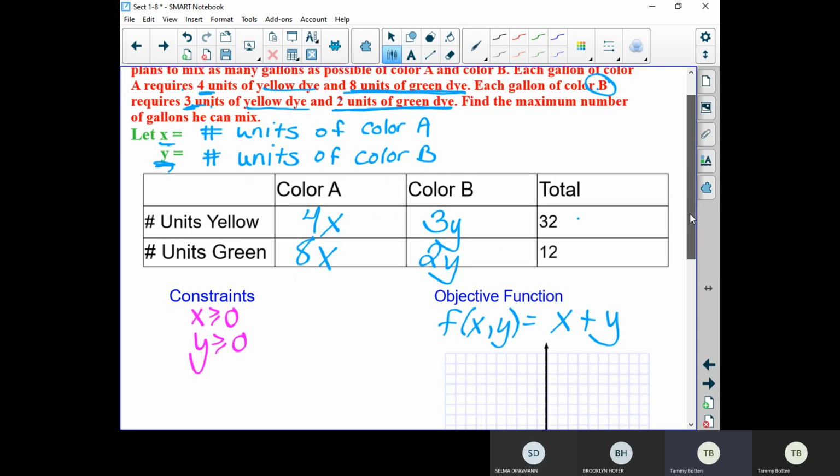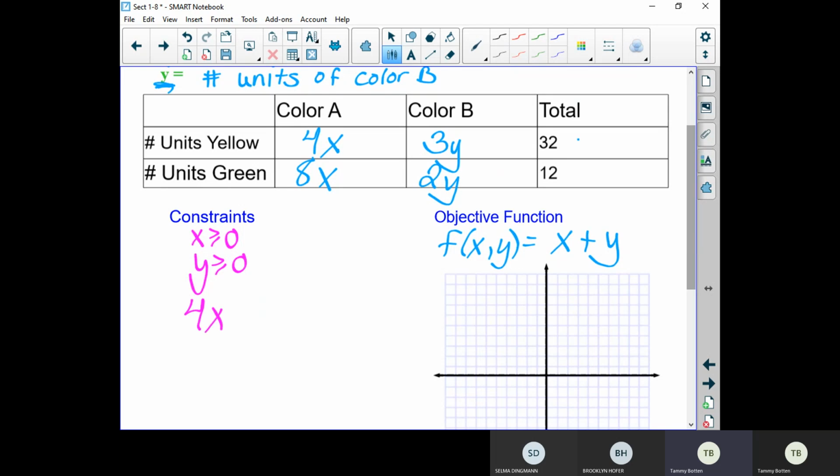So 4x plus 3y has to be less than or equal to 32. Then for the green dye that's going to be used, 8x plus 2y is less than or equal to 12.